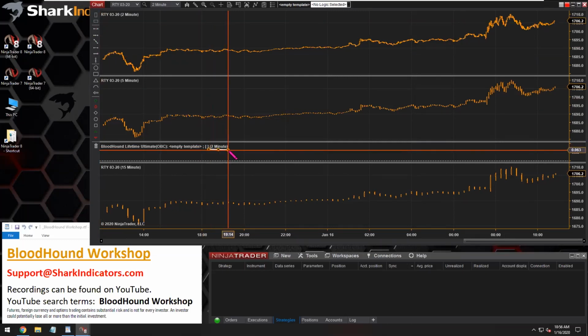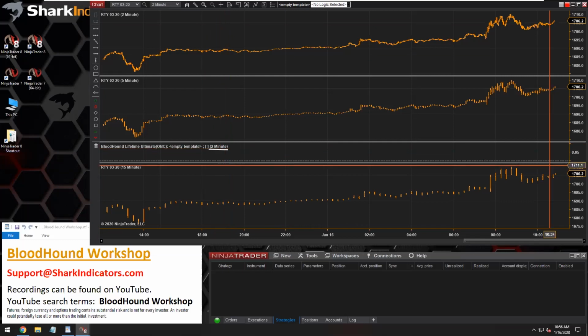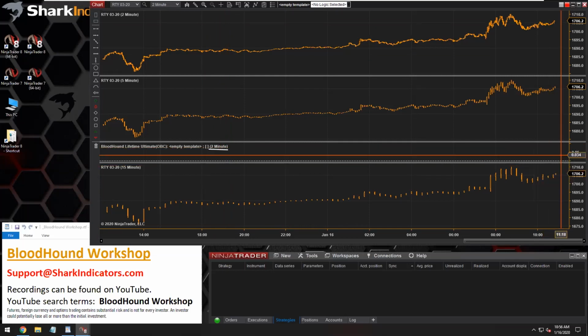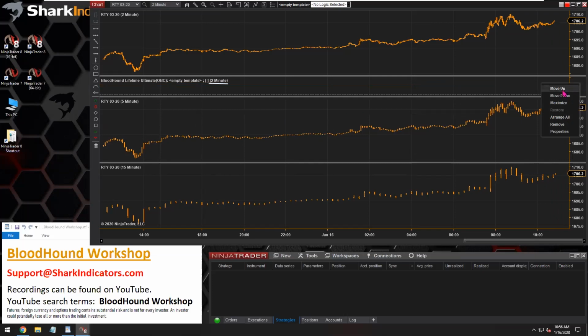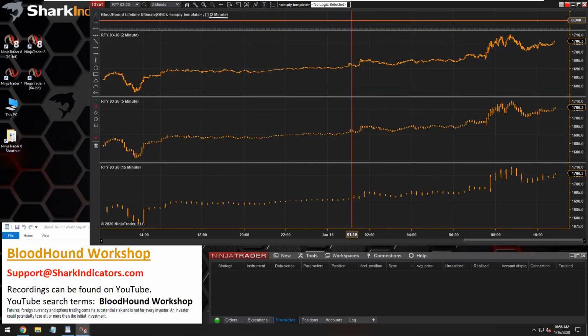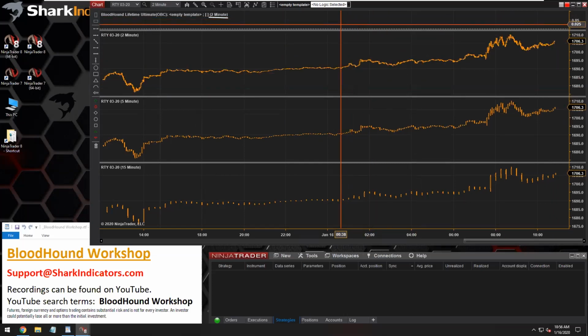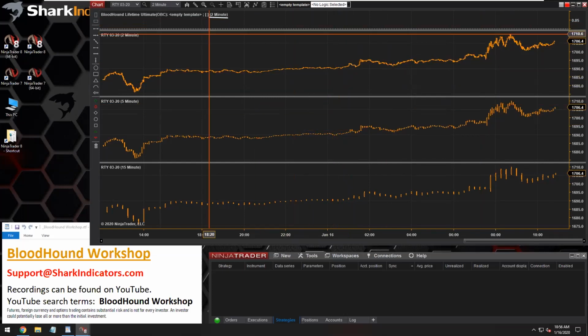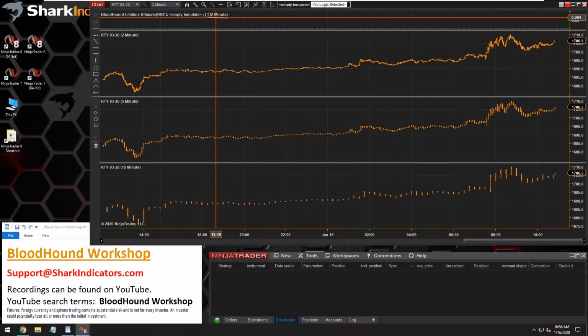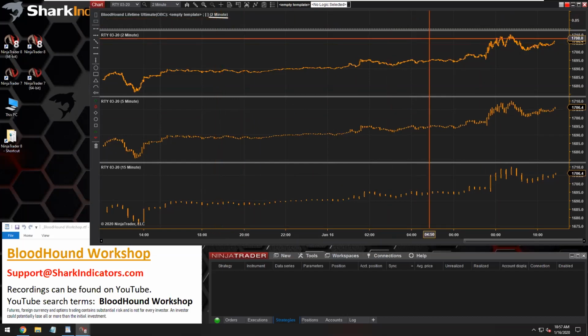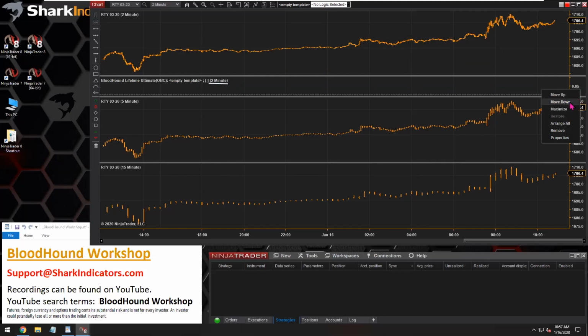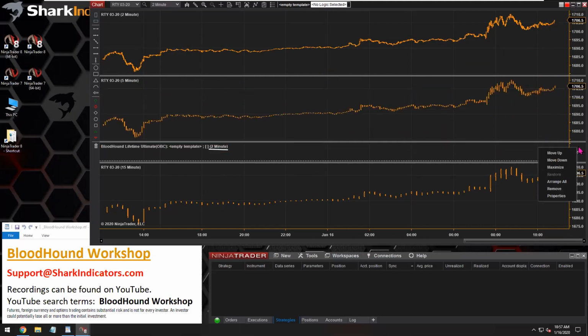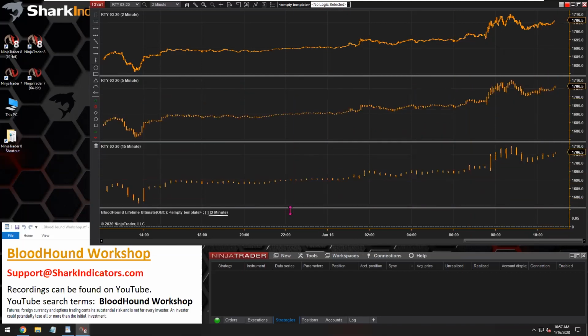BloodHound's operating on the 2-minute chart no matter where I put it on my chart, right? The panel location is just for visual purposes only of your chart. It has no effect on what time frames your indicator is running on there. So let's move this down here. Let's put this back down on the bottom like so.